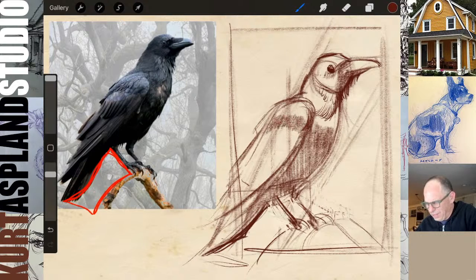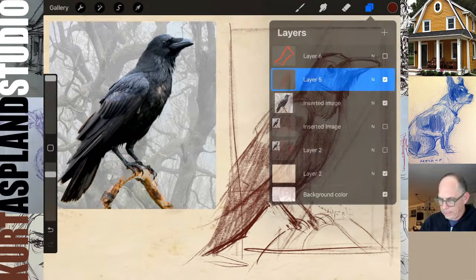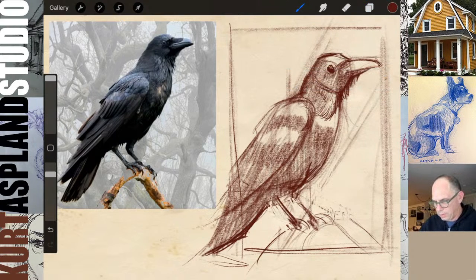And I'm going to look closely and make sure that I add some more tone, but I want to make sure I leave the lightest areas, the white of the page, for right now. Okay, I'm going to go in now and I'm going to really punch in my dark darks.